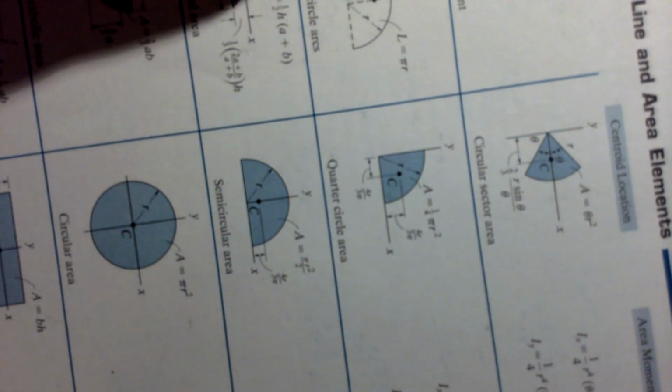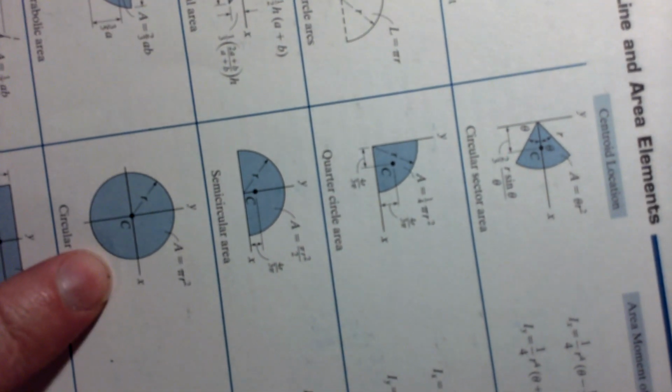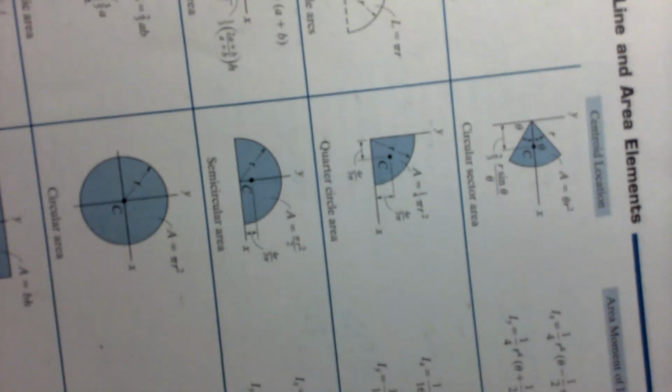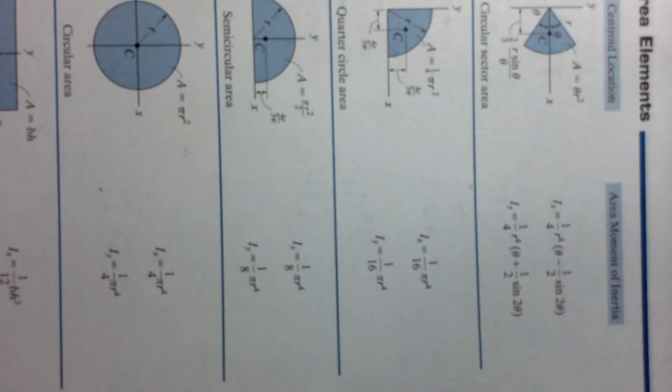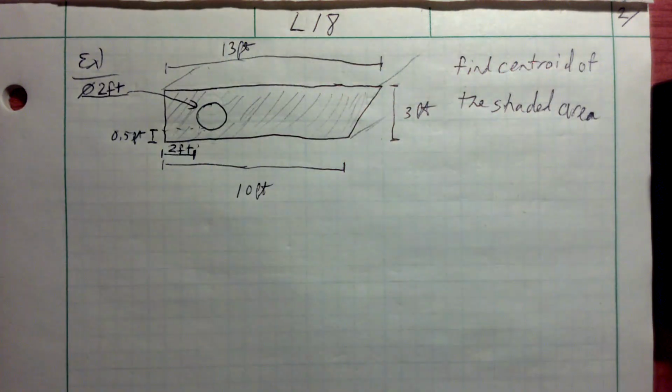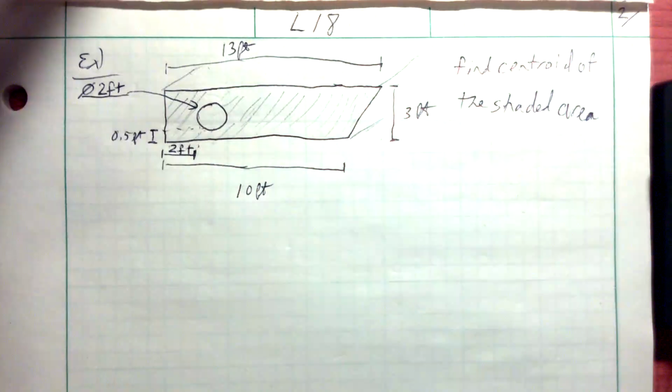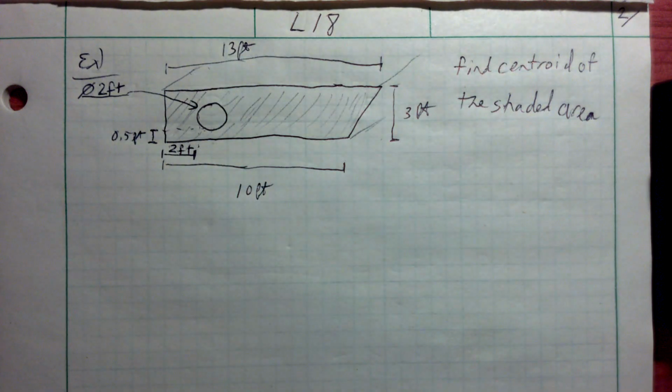Sorry, go look at the inside cover of your book, but if you've got a circular area, it will tell you the area is pi r squared, and then in chapter 10 we're going to need to know these moments of inertia, and if you've got a rectangle, that's also on here, and there's a triangle and some other shapes in there, right? So there's some common shapes that it will tell you the areas and locations of the centroids of these things.